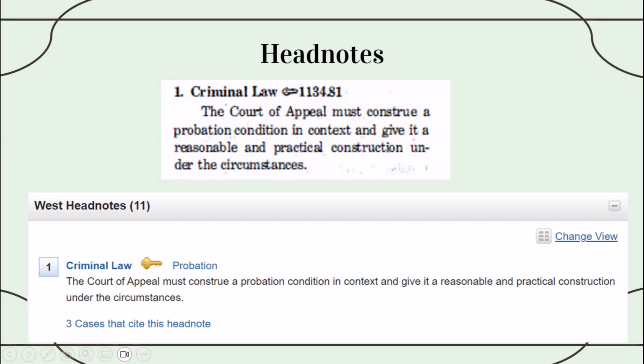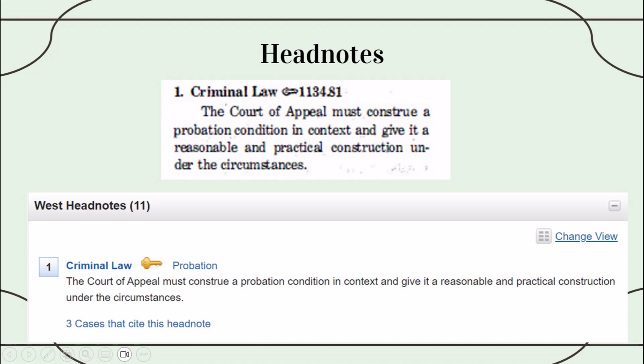Here we have headnote number 1 from the case, both in print and from Westlaw. Let's take a moment to review the parts of a headnote. I'm sure you remember that there are 4 parts to a headnote. Part 1 is the headnote number. This is headnote number 1. Part 2 is the topic name, and here that is criminal law.